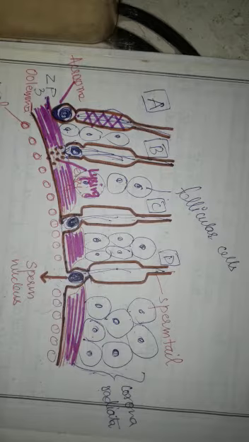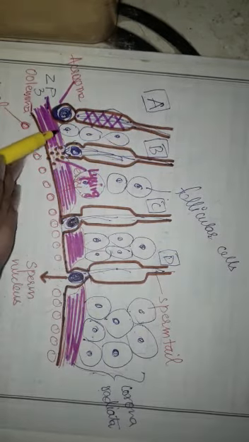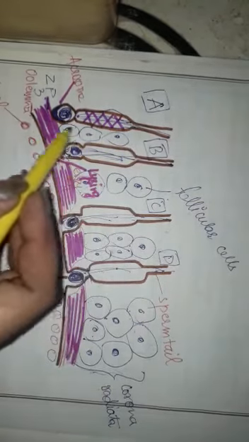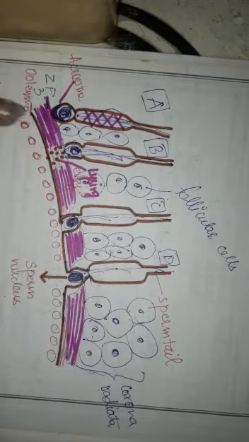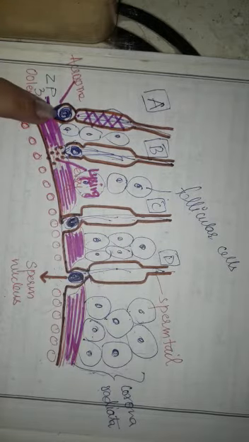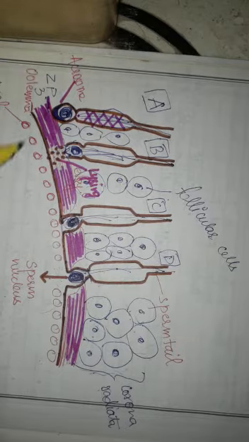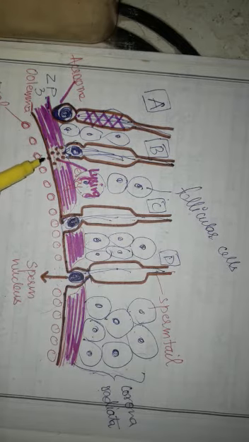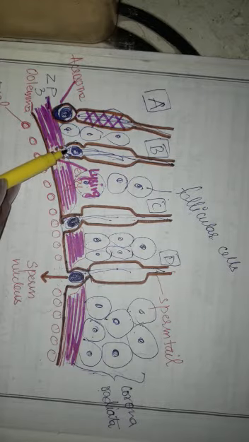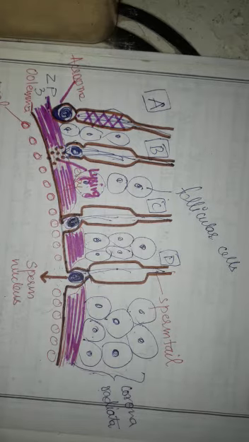In the acrosome reaction, the secondary oocyte is released, bounded by the zona pellucida and corona radiata. The capacitated sperm passes through the corona radiata and reaches the zona pellucida. The sperm binds to the ZP3 glycoprotein of zona pellucida, and this induces the release of hydrolytic enzymes, the lysing enzymes, from the acrosome, and these lysing enzymes dissolve the zona pellucida.